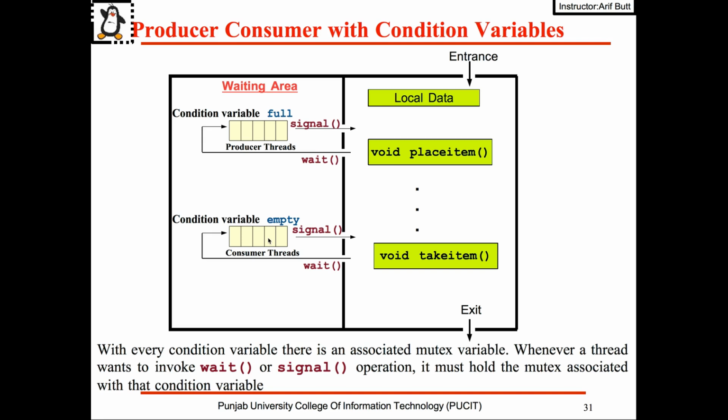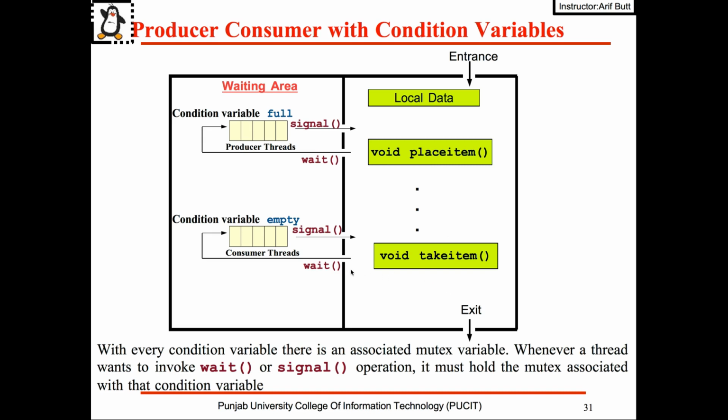Now the producer thread can enter and it will call the place item function. Since it is placing an item in the empty buffer, after that it will give a signal on the condition variable empty and it will exit.